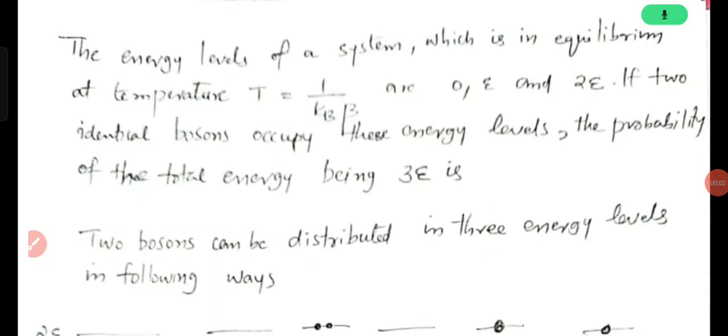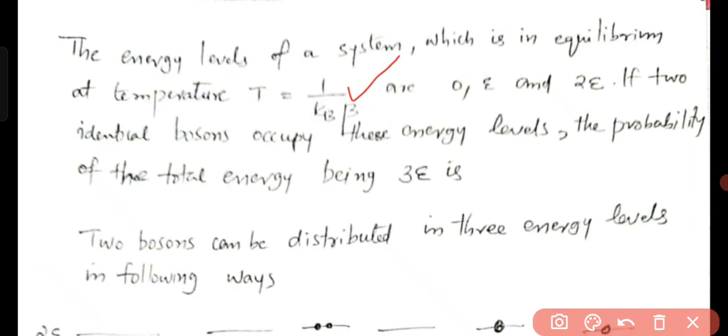The energy levels of a system which is in equilibrium at temperature T, and we know beta is equal to 1 by kBT. The energy levels are 0, epsilon and 2 epsilon.